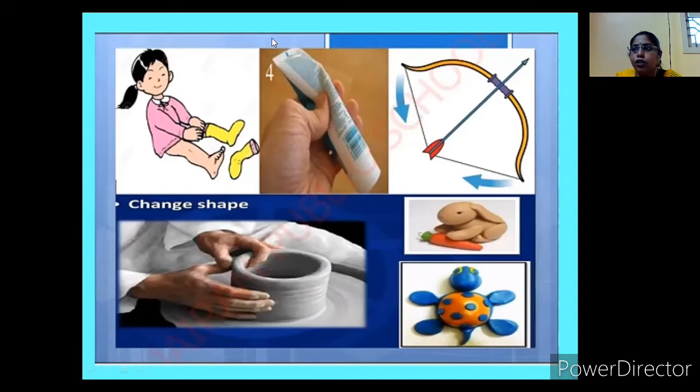And here also we can easily understand that by wearing socks, the shape of the socks will change. By pressing the cream, it changes its shape. The bow and arrow also change.